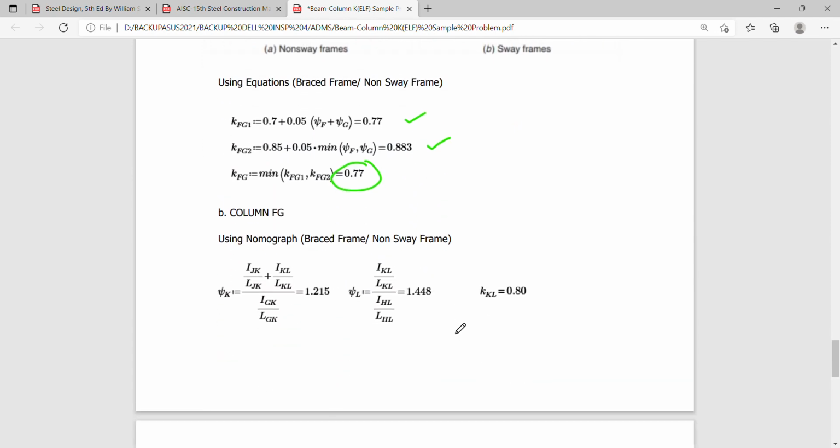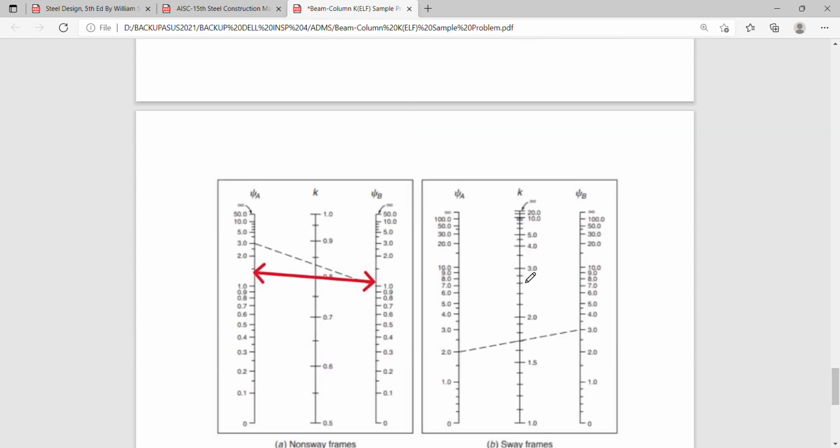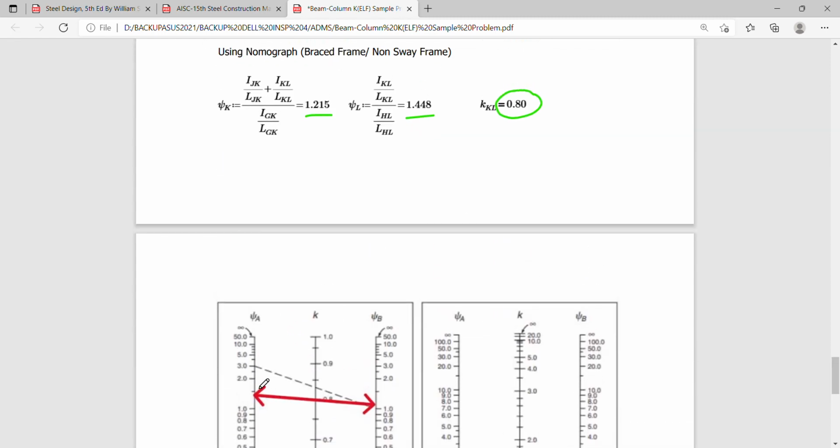So for column KL, so this is KL. There's a slight error in the lecture, so this is a KL column. Using the nomograph, we have psi K equivalent to 1.215 and psi L equivalent to 1.448. So your K KL was obtained to have a value of 0.80. If you look into this graph, this is 1.215 and this is 1.448.